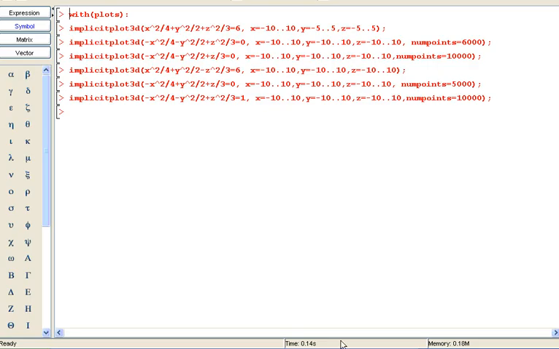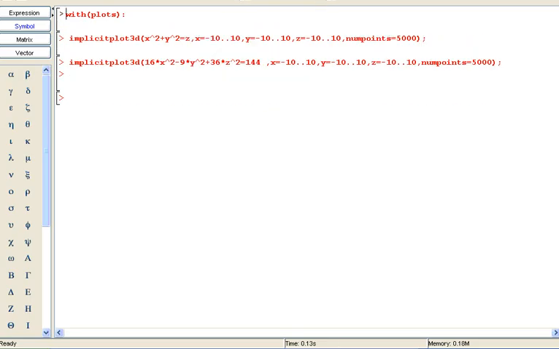Well, let's look at some examples first. Let's go to Maple. Let's look at the example here.